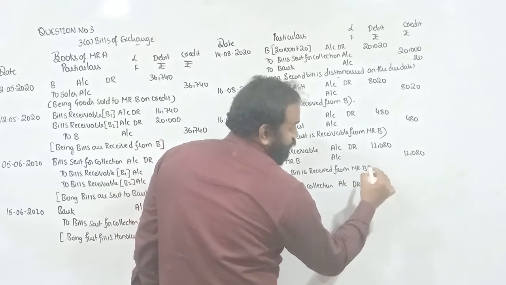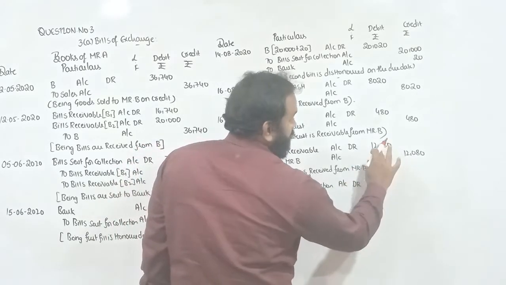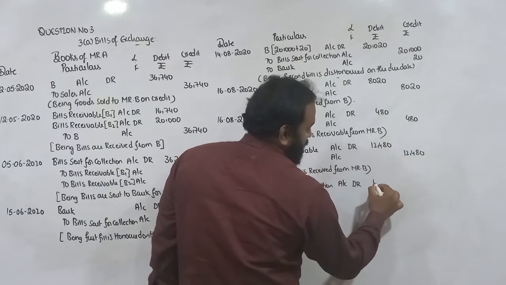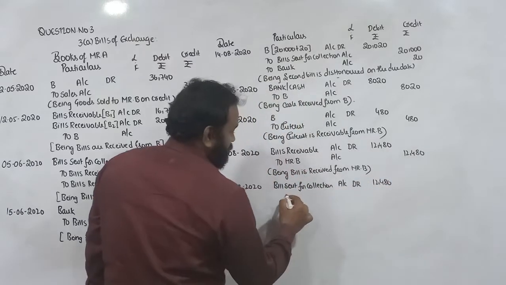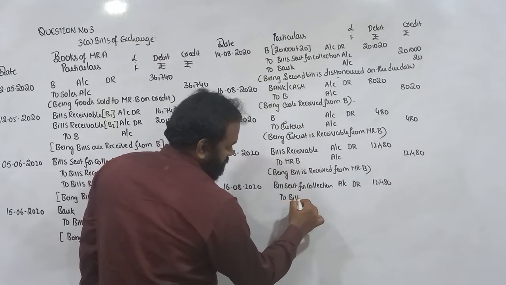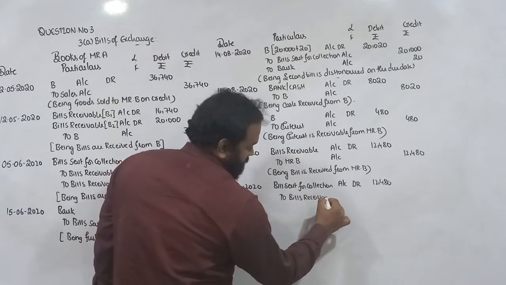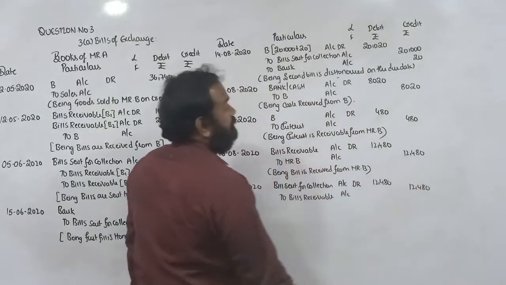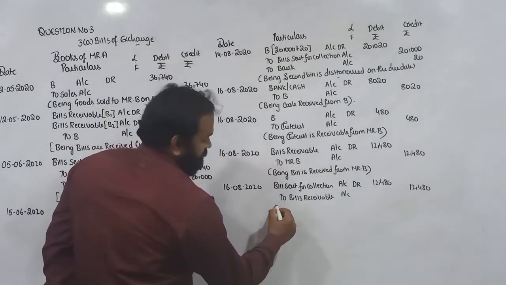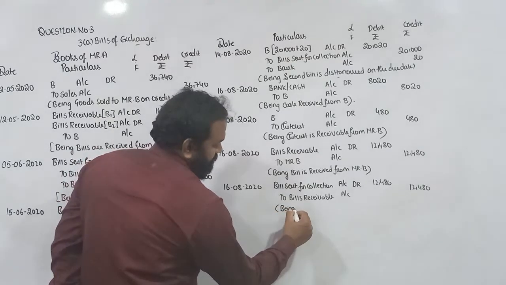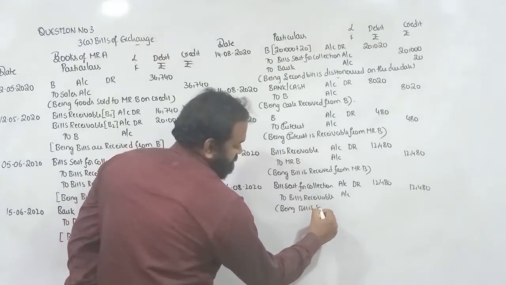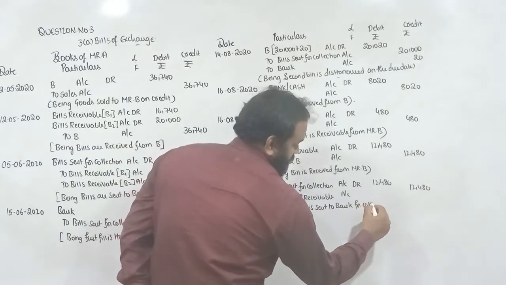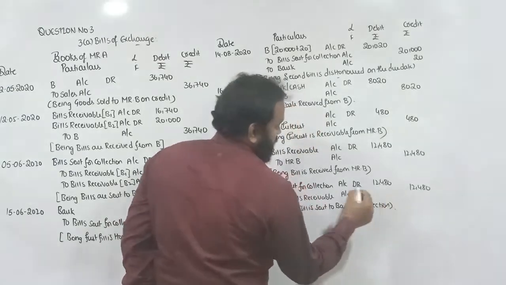Account debit how much? 12,480. Bills sent for collection account 12,480, being bill is sent to bank for collection.